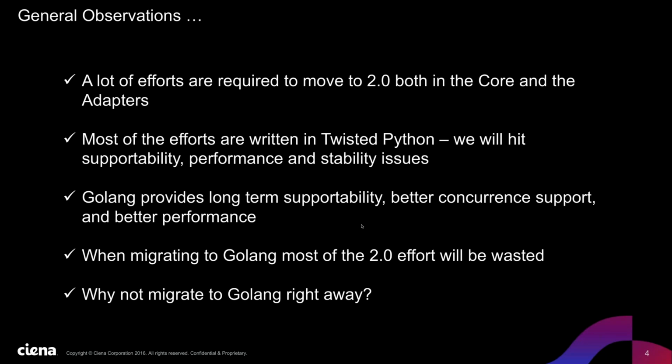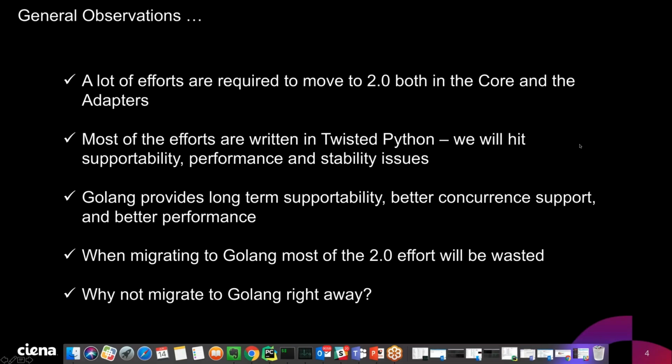Based on what Dave said, maybe keep the adapters for now in Python. Yeah, but if Ken's going to move adapter functionality into the core, or vice versa, then all the adapters need to be changed, right? To compensate.